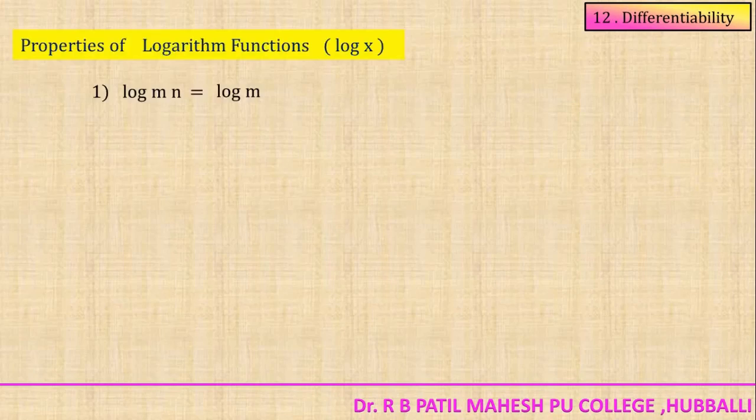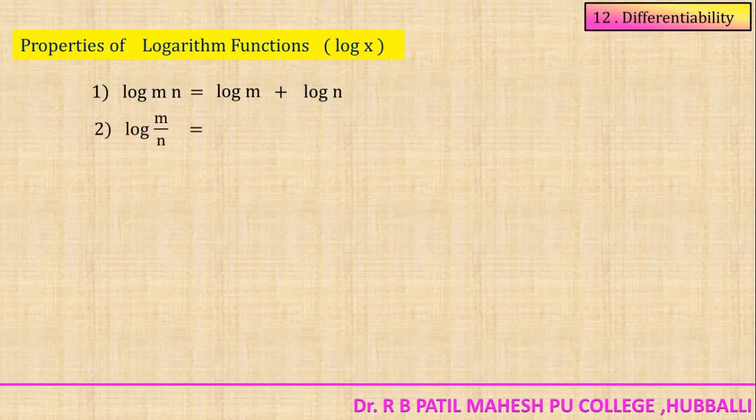properties of logarithmic functions. In physics you already learned the properties of logarithmic functions, that is, if we have the logarithm of a product of two numbers, then it is written as log m plus log n. So this is the first property. Remember, these properties are very useful to solve the examples.